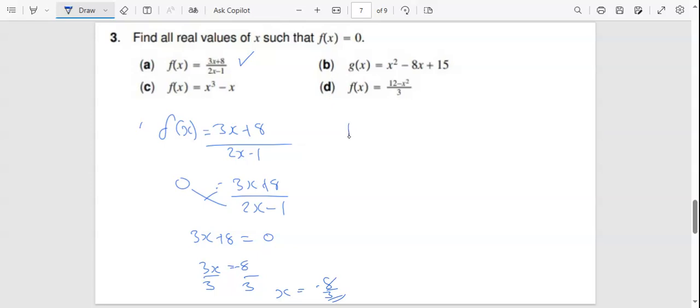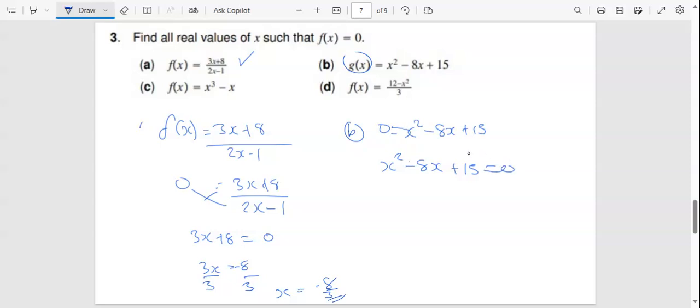Let's go to B. So B, we put 0 there. Whenever we put 0 there, so that would be 0 is equal to x squared minus 8x plus 15. So from there, what you're going to do is, I'm writing x squared minus 8x plus 15.